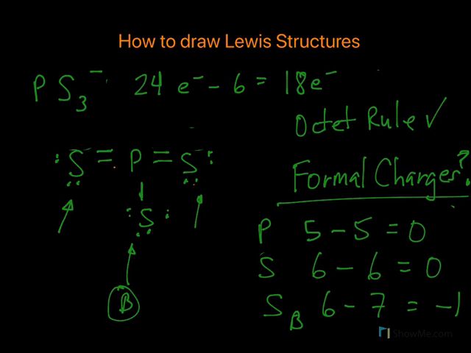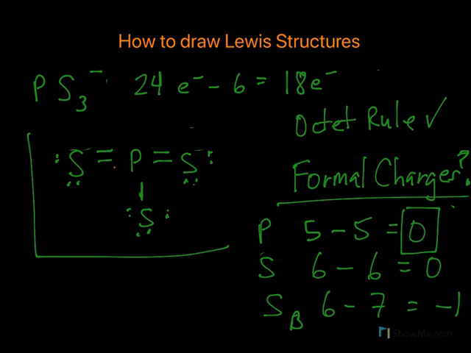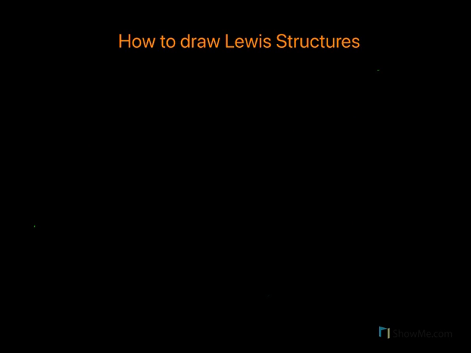But that is okay, because again, nature just wants to satisfy the central atom to have a 0 formal charge, and we have done that. So this then is the Lewis structure for phosphorus trisulfide anion. So let us try another molecule, nitrogen dioxide.